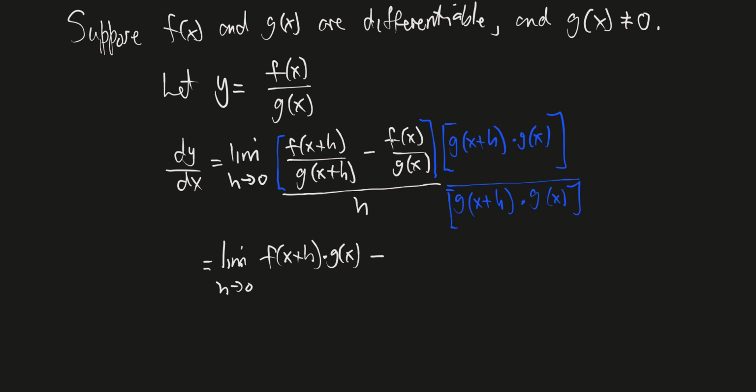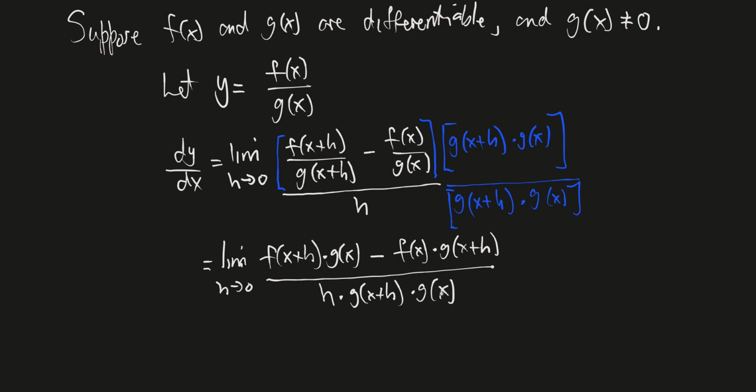So I'll be left with f of x times g of x plus h. So I'll have f of x times g of x plus h, and then at the bottom, I'll just have h times this, right? So I'll have h times g of x plus h times g of x.